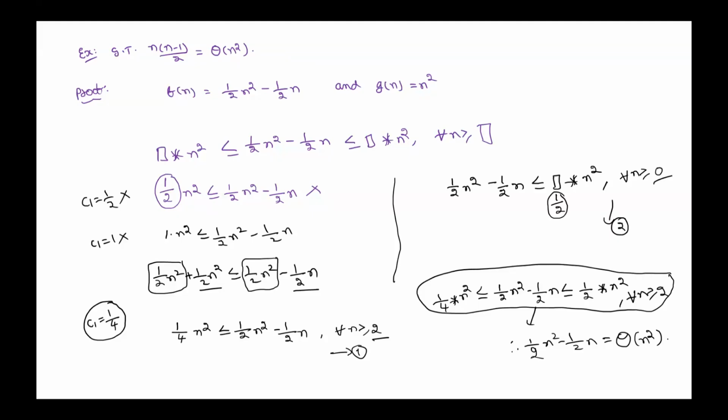Here the common part is this one. Okay, sir. Shall I move to next? 1 minute, sir. For all n greater than or equal to 2, n square. Okay, sir. Okay, thank you.